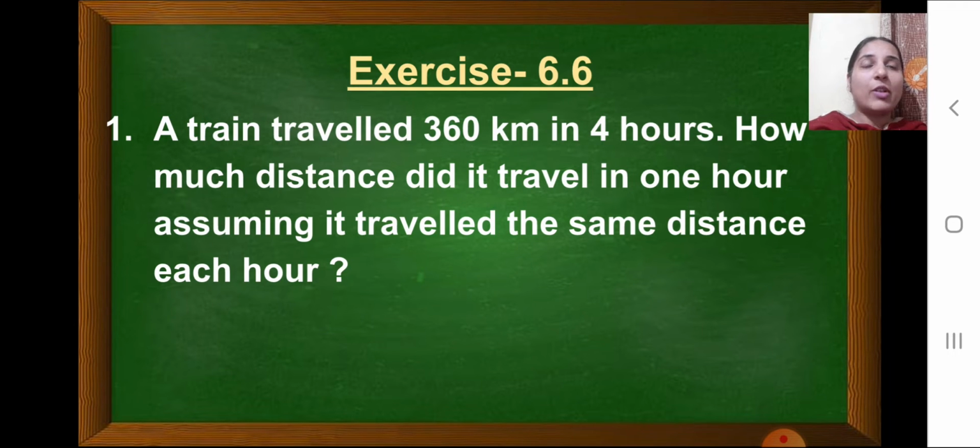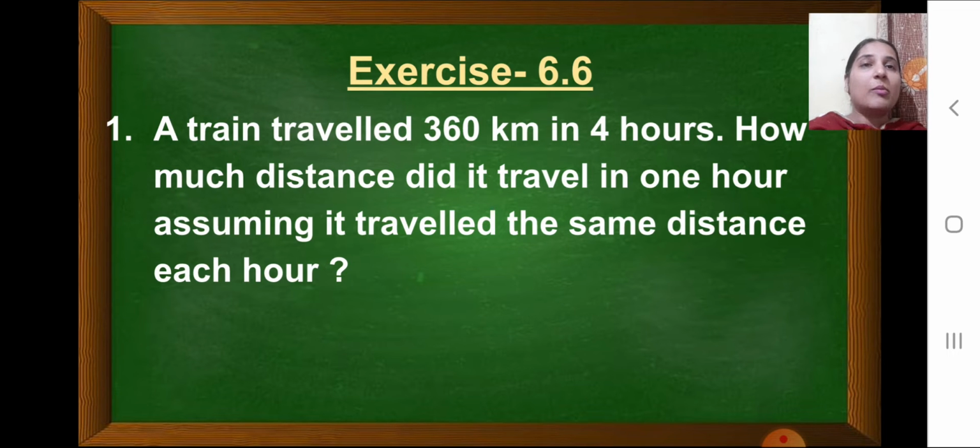Children, whenever a word problem is given, you have to read it very carefully, once or twice. In the question, what is given? The train travelled 360 km in 4 hours. And what is asked? How much distance will it travel in 1 hour, assuming it travelled the same distance each hour.